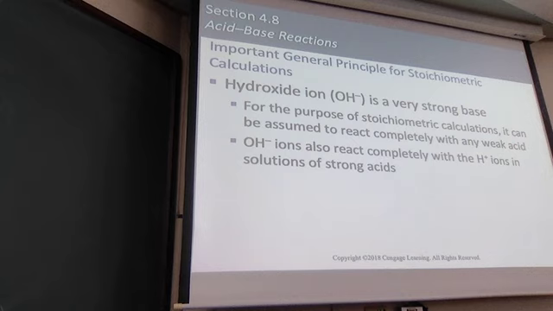But you could have something else here, which has a tendency to lose protons. For example, you could put HCl here. And then this will lose the proton, and you will form Cl-.